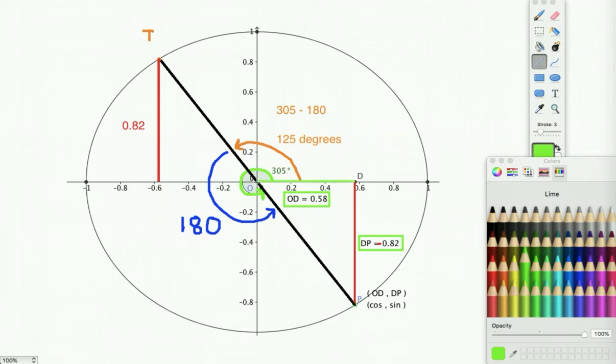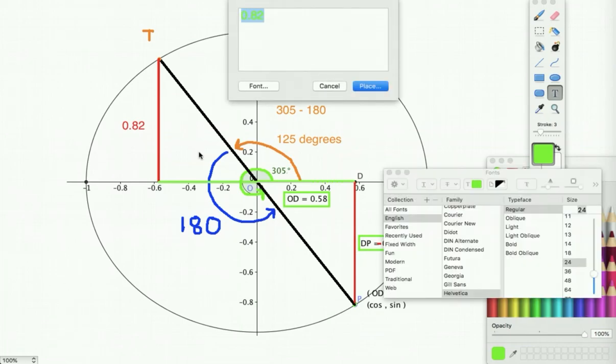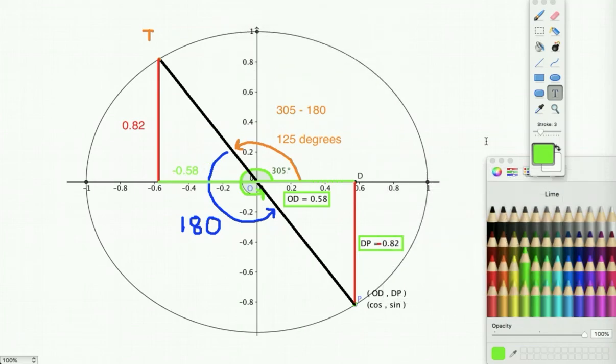And going in the other direction for T, it's the same thing, but since we went to the left, that is negative 0.85. A negative 0.82 divided by a positive 0.85 is going to equal negative something, which will also be the same as positive 0.82 divided by this negative.